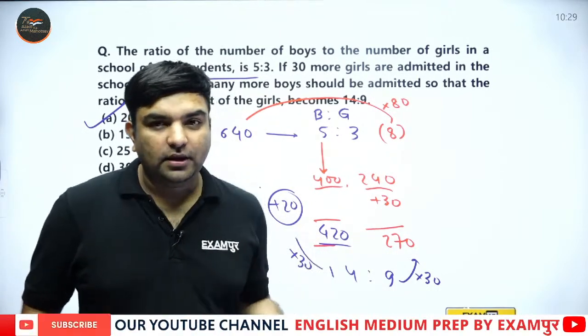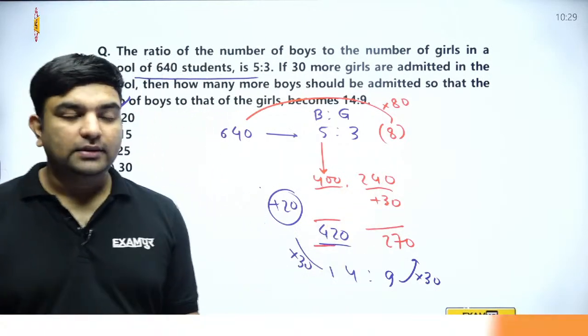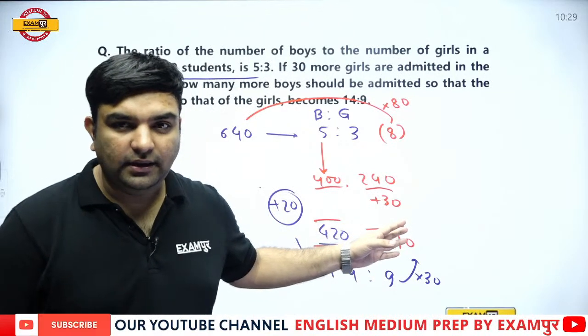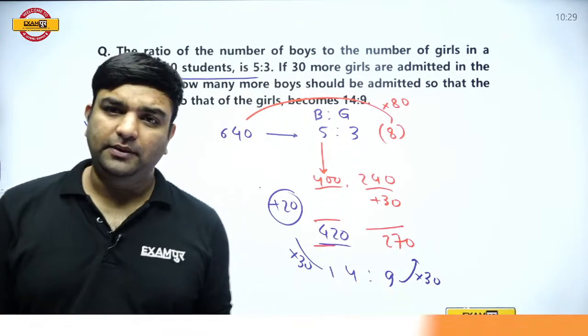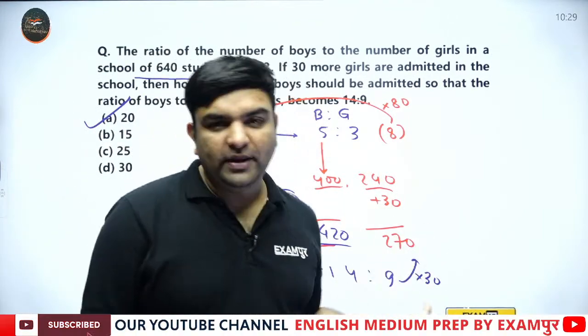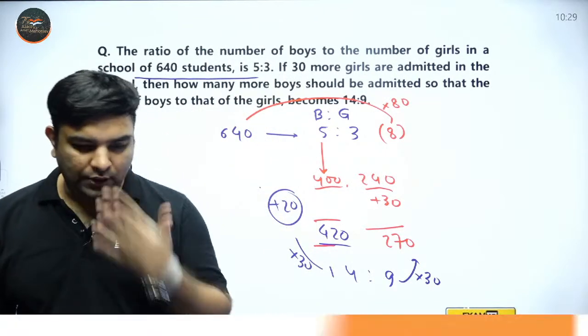If you ever think we can find the answer without finding the values, the answer would be no. Because girls is added 30, boys might be 20, boys might be 10, boys might be 5, 15, 12, 18, whatever. So you need to do it by the exact value.